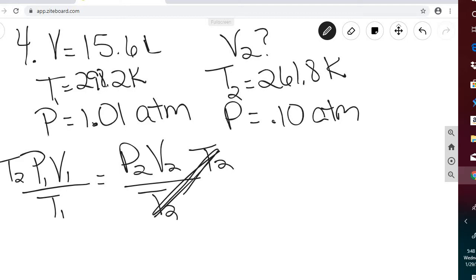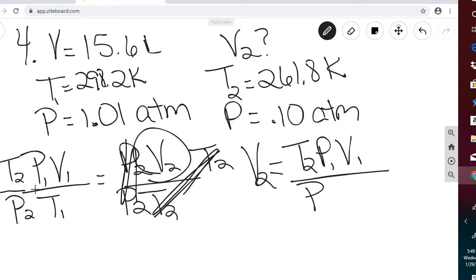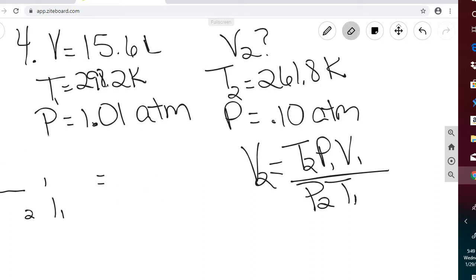Those cancel out there, and then we need to get rid of this P2 over here, so we'll divide both sides by P2, that gets rid of that over there. And then what we're left with is we've solved for V2. So V2 is equal to T2 P1 V1 over P2 T1. Okay, so then it's just a matter of plugging in the numbers.